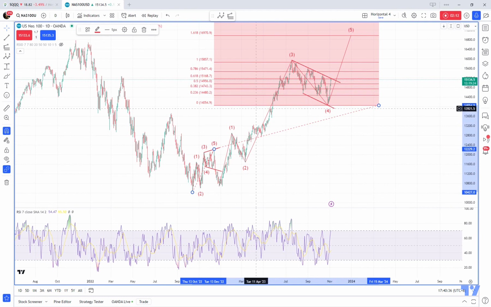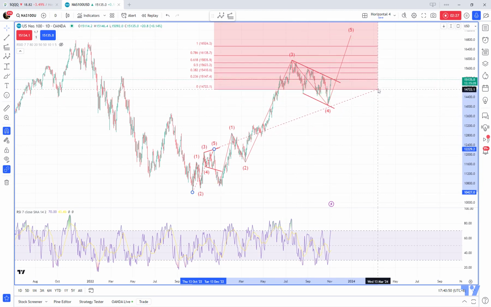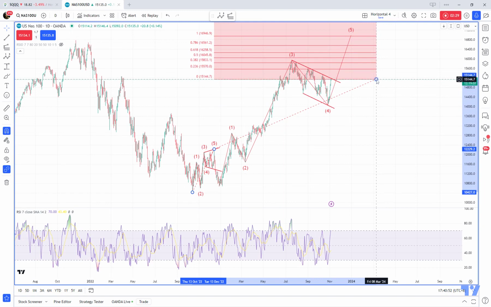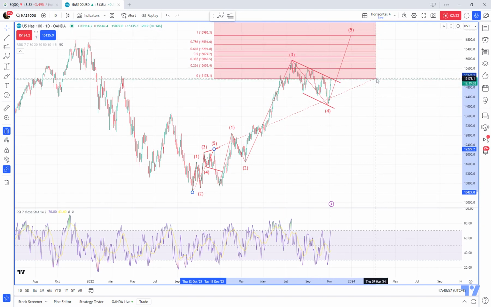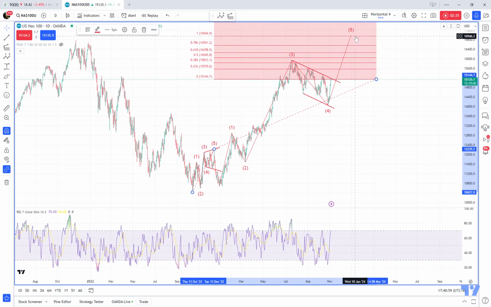So the reason why I use it is that by the traditional measurement rule, a breakout on this channel itself should move the distance from here to here, right? So if I put it up here, I think it might break more or less. That will mean that we should see a target of wave 5 to here, which is a new high.